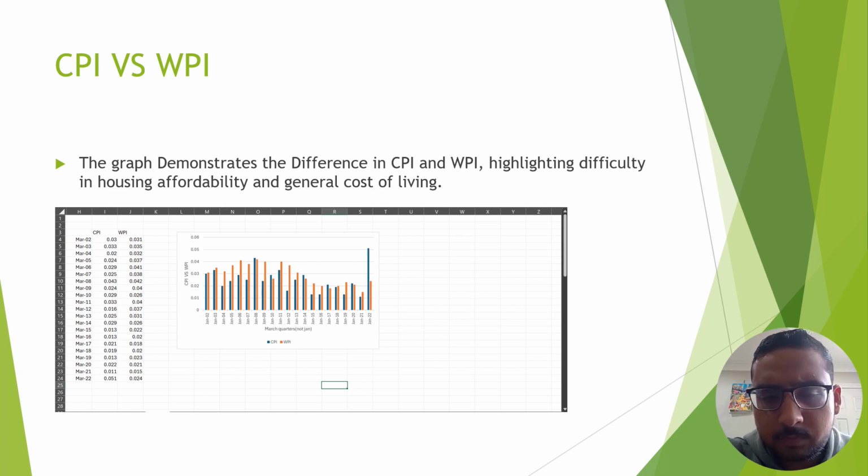We can see in most of the years the CPI has usually been less than the WPI, but usually after big events like the GFC and COVID, we can see that there have been substantial fluctuations. Especially in the 2022 quarter, we can see that there has been a difference of more than 2.5% between the CPI and WPI, which generally indicates the higher affordability crisis and higher housing prices.